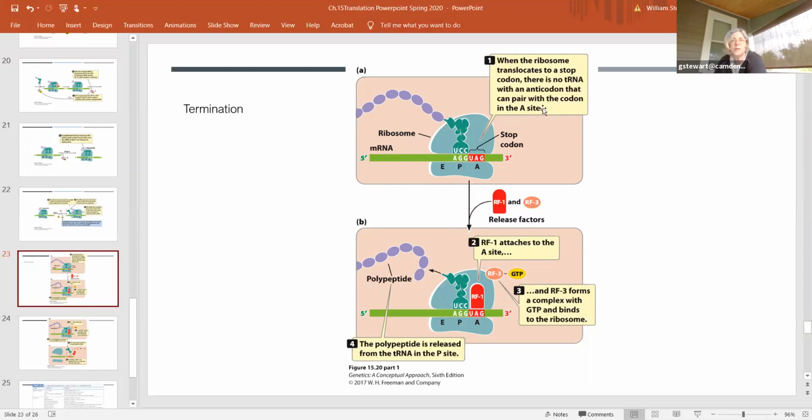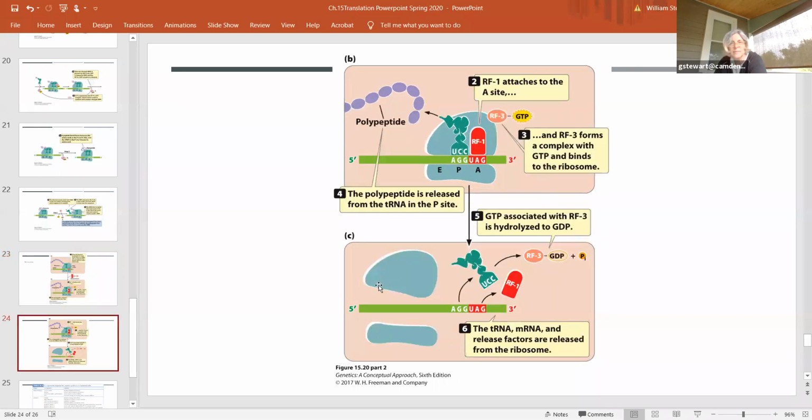So when the ribosome translocates to a stop codon, there's no transfer RNA that matches that stop codon. So that is going to trigger RF1 and RF3. RF1 actually fills the A site. Notice RF3 is going to grab a GTP. This is going to cut off the polypeptide. 1, 2, 3.